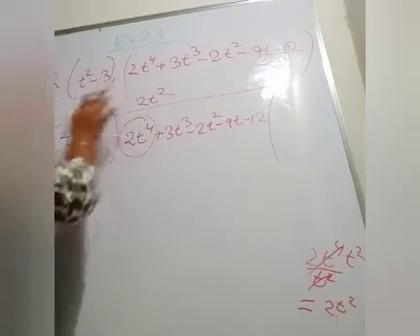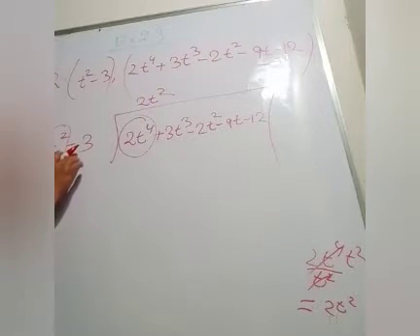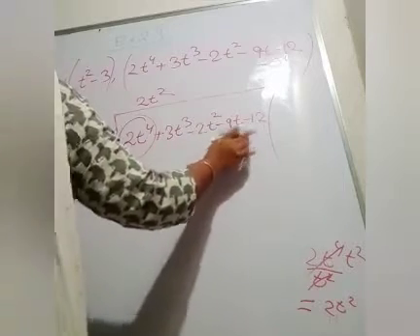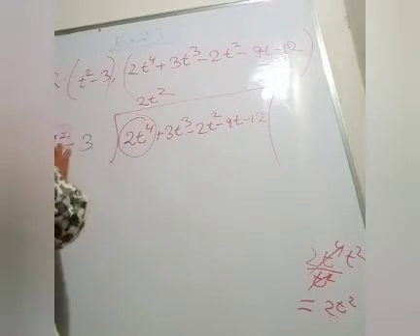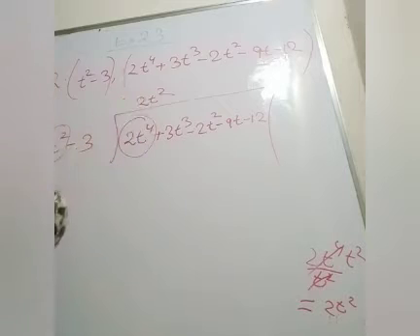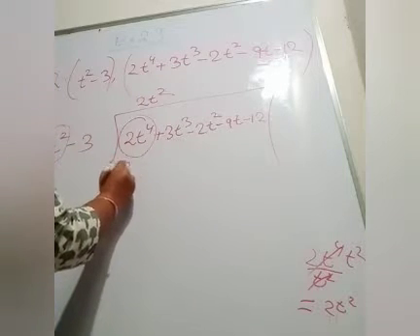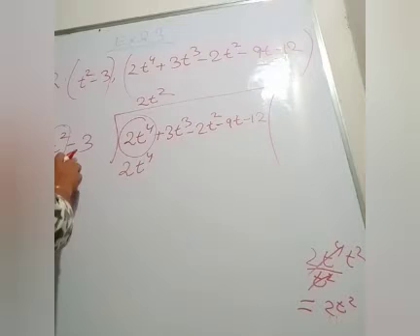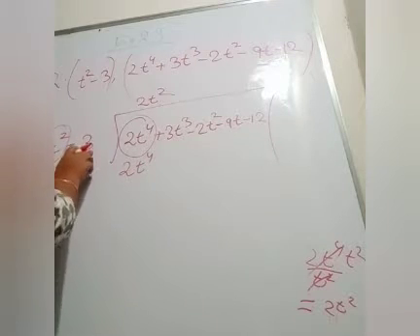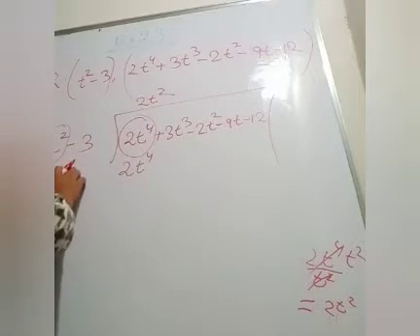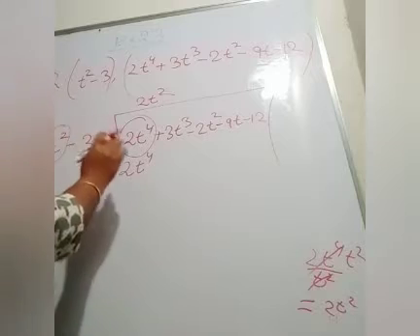Multiply 2t square with the t square minus 3 one by one and write the product under the dividend. So t square when multiplied with 2t square will become 2t4. Then multiply minus 3 with the 2t square, it will become minus 6t square.